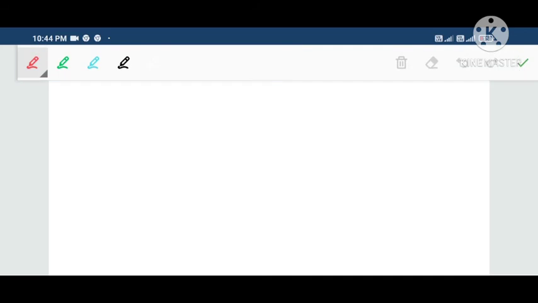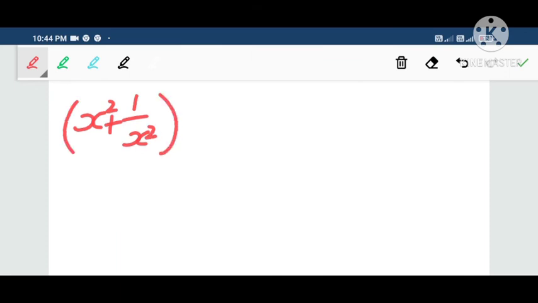So for that we need to find out x to the power 4 and 1 by x to the power 4. For that I just take x square plus 1 by x square, and take the whole square.